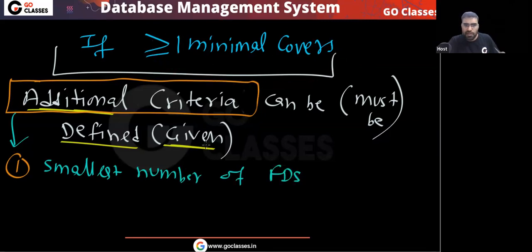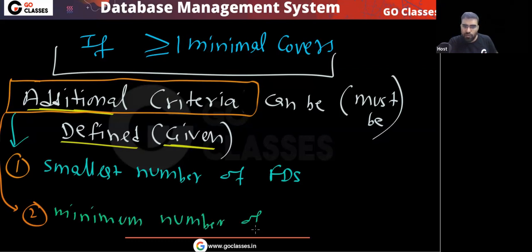I told you, different minimal covers can have different numbers of FDs. So you can define this additional criterion, or you can define a criterion like the minimum number of attributes, the minimum number of total attributes.